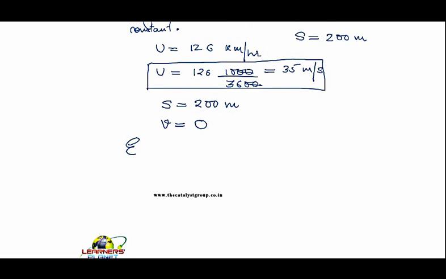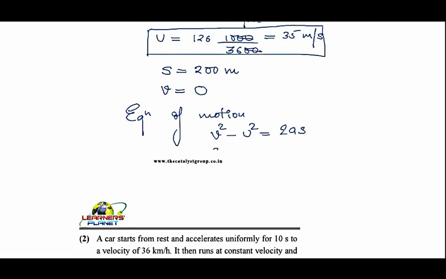Now we know from the equation of motion that v squared minus u squared is equal to 2as. Now v in this case is going to be 0, while u squared will be 35 squared, which will be equal to 2 into the retardation, let me call it a_r, into the distance it travels, 200 meters.